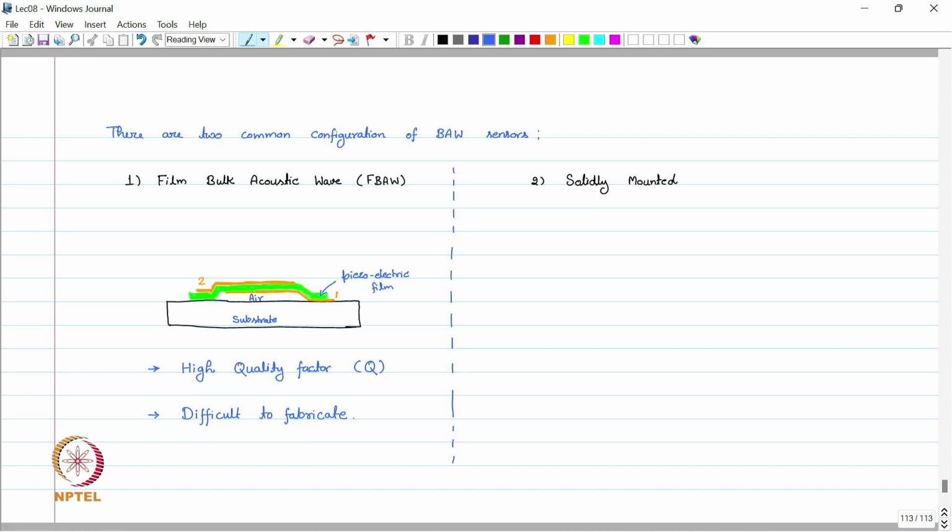So these are the pros and cons of film bulk acoustic wave.